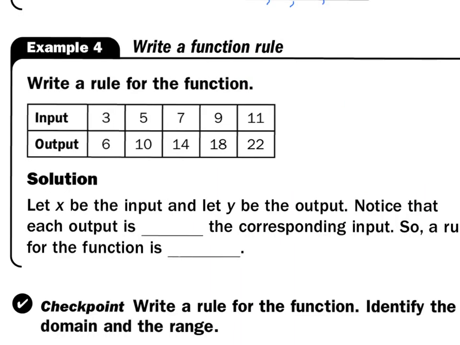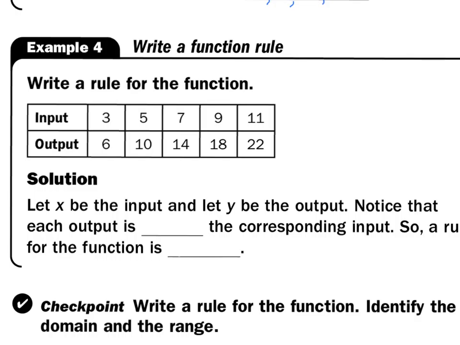In example 4, we're going to actually take an input-output table and write a function from it. Okay. So our inputs are 3, 5, 7, 9, and 11. Our outputs are 6, 10, 14, 18, and 22. X is going to stand for our input, and Y will stand for our output.